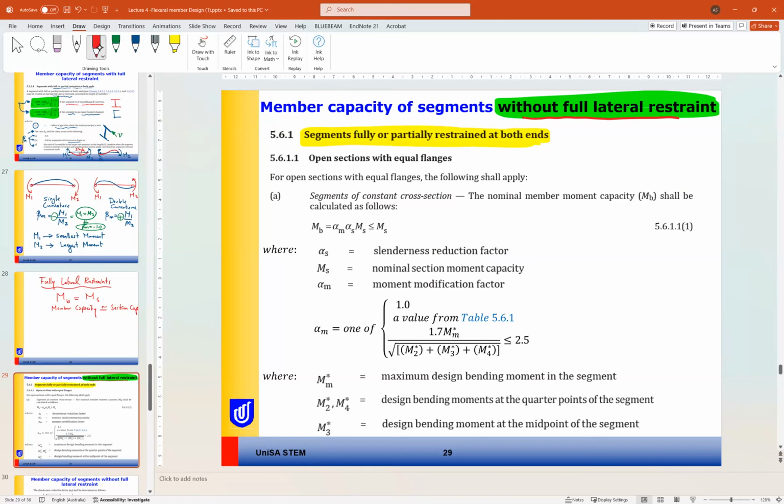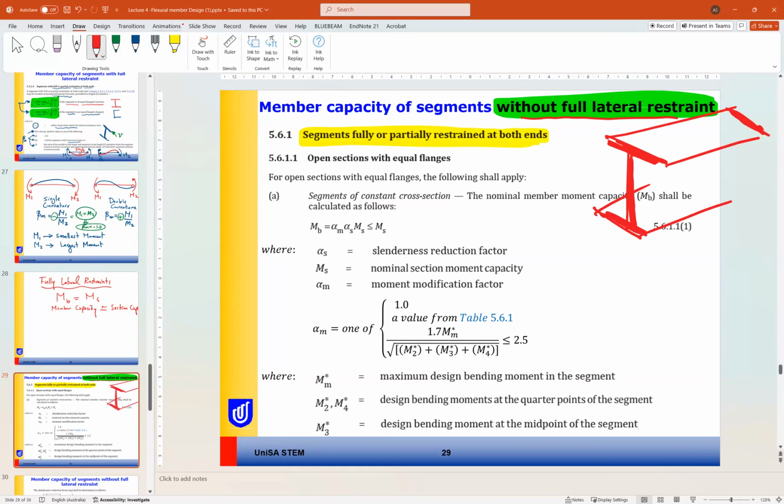This means that if these are our members, they are only laterally supported at the ends. What this means is that these members can laterally deflect in this direction. So this will be for open sections with equal flanges. This is the case we're focusing on.